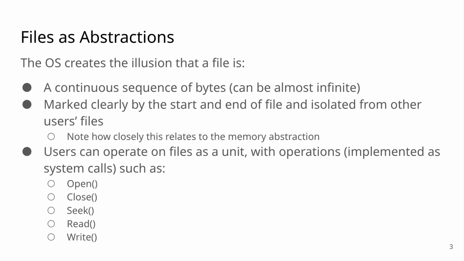A way that I like to think about files is as an object that satisfies an interface. I want to bring your attention here to this last set of calls. Usually the operations you can do on a file, whatever that is, are, for example, read and write from and to the file.